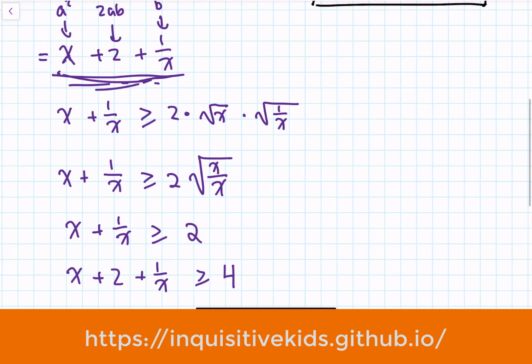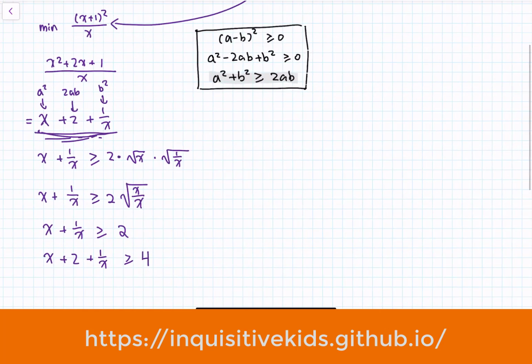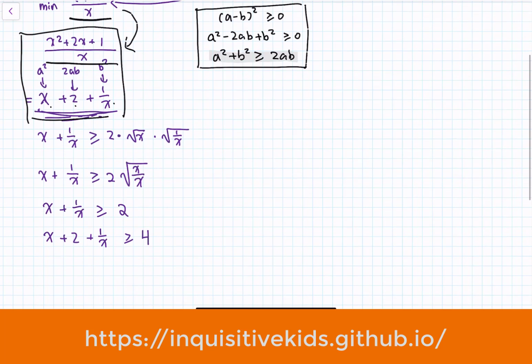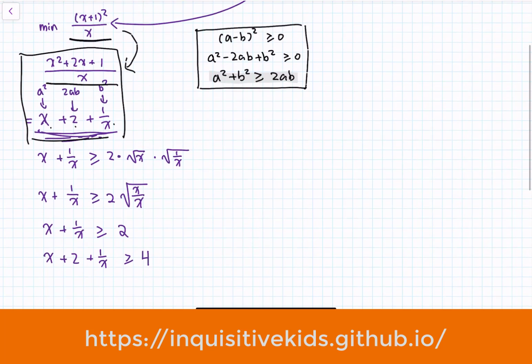And now, when we zoom out and we look back, we see that over here, the x plus 2 plus 1 over x, we derived it from this, and we derived this from this original fraction, which means that we can go ahead and write x plus 1 squared over x is greater or equal to 4, because these two are the same.